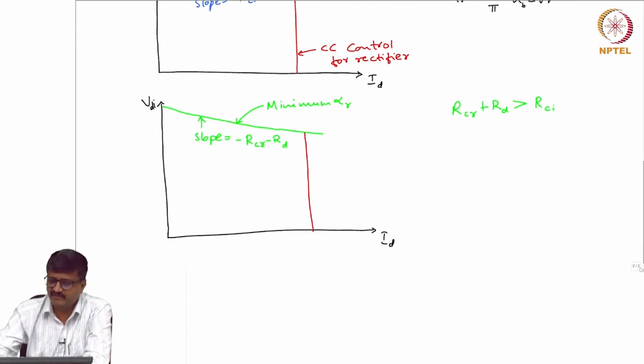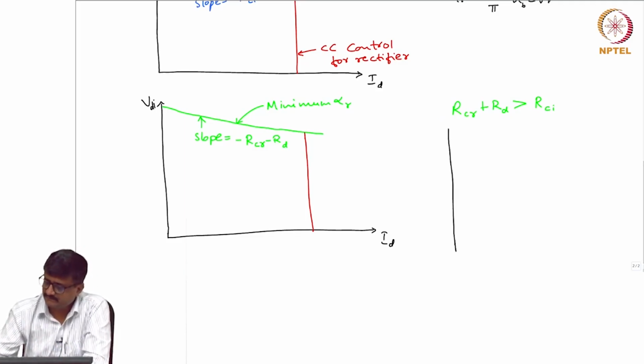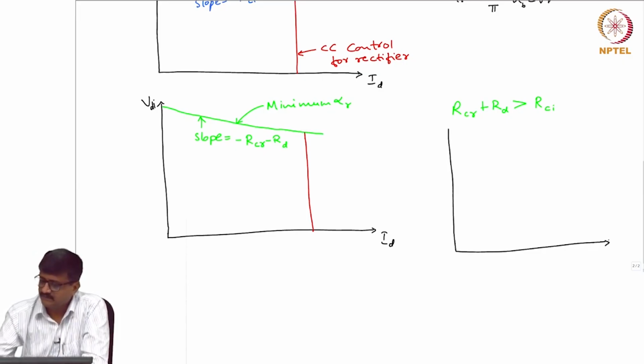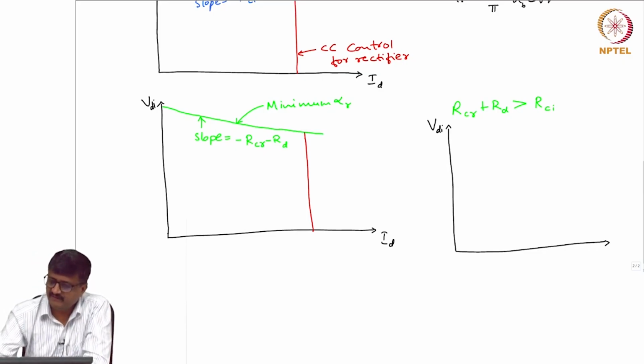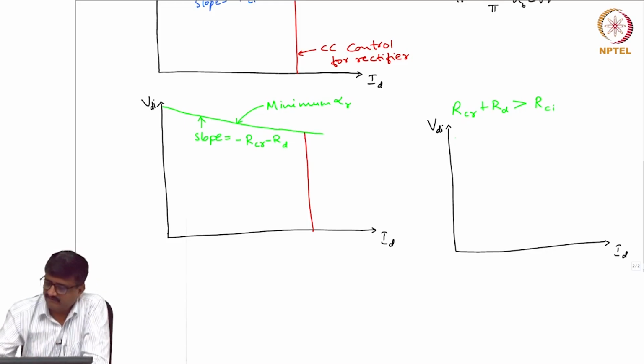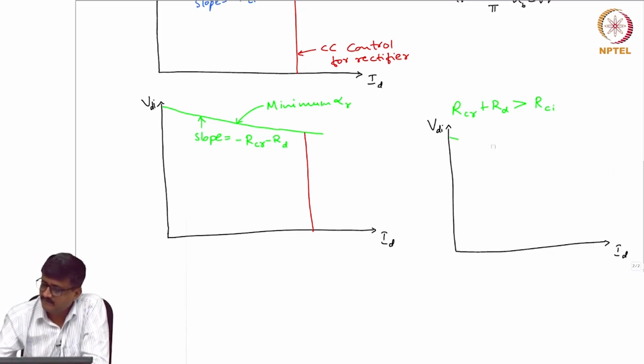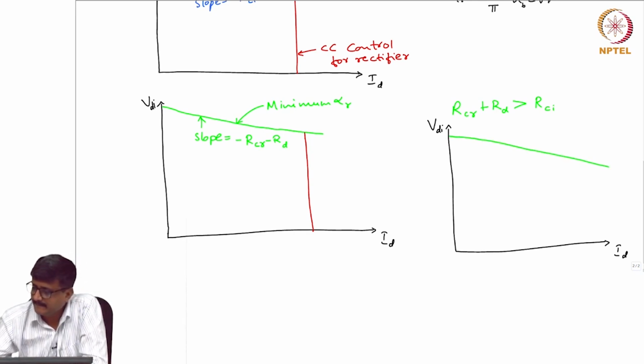Okay. So, let me draw one more graph. So, I have VDI, I have ID, I have minimum alpha R, okay.